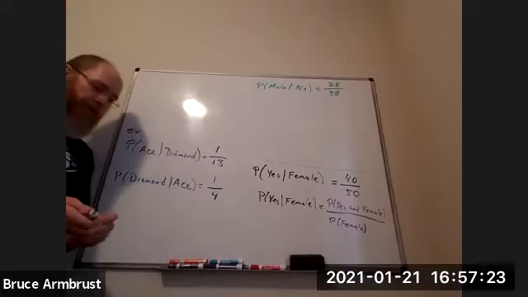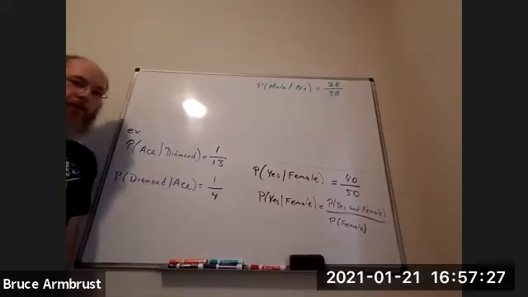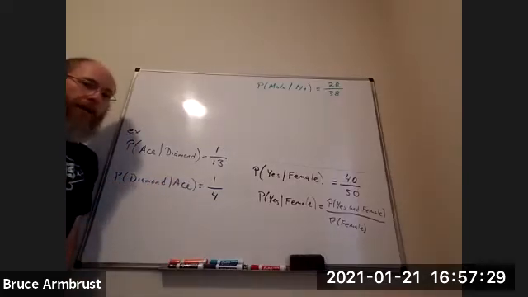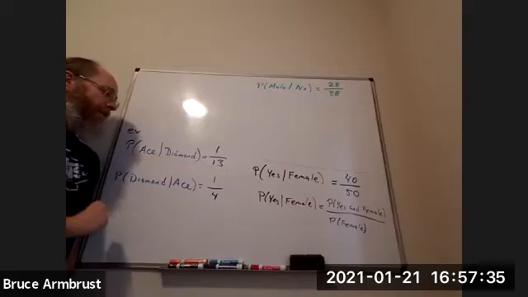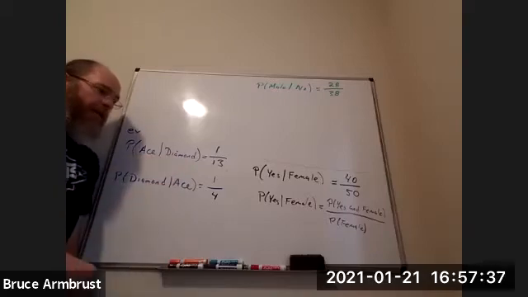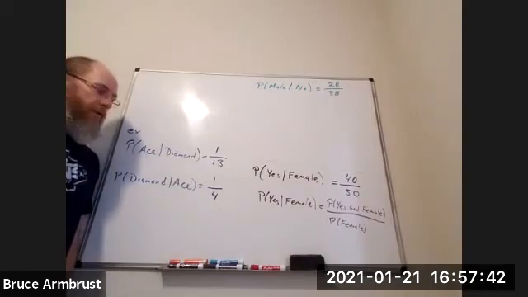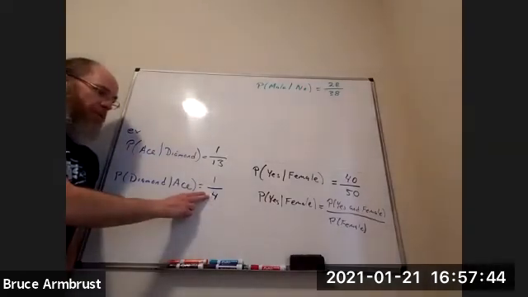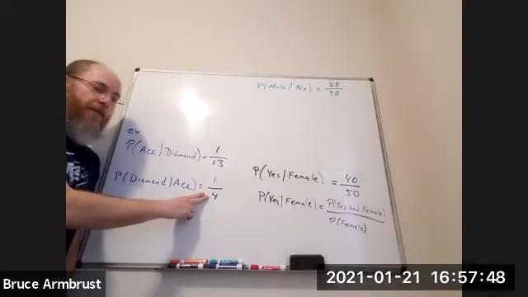I wanted to do this one just to show you that the order matters. Whether we're talking about an ace given that it's a diamond or a diamond given that it's an ace, greatly changes those probabilities. This one is much more likely, over 3 times as likely as the other.